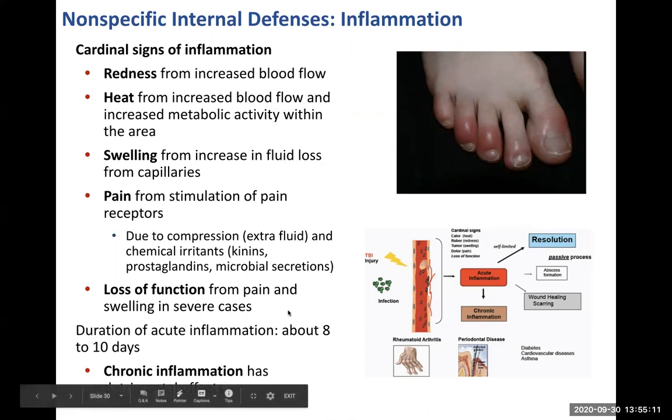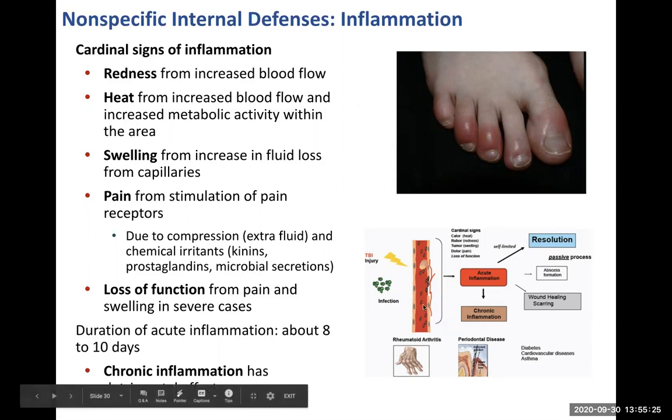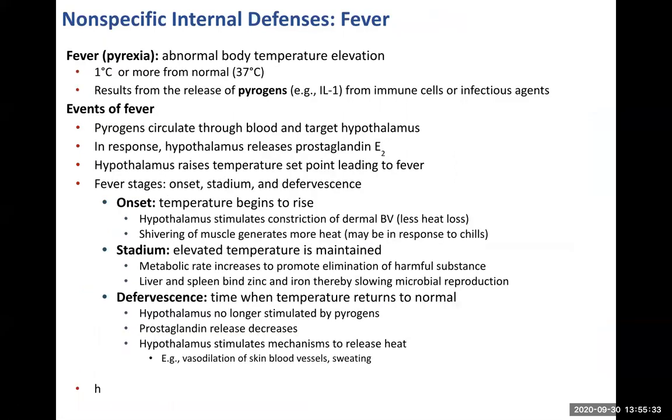And as I keep saying, acute inflammation is helpful, but chronic inflammation is problematic. It's involved in autoimmune disease, periodontal disease, and ultimately in the development of cardiovascular disease. Okay, and then fever.